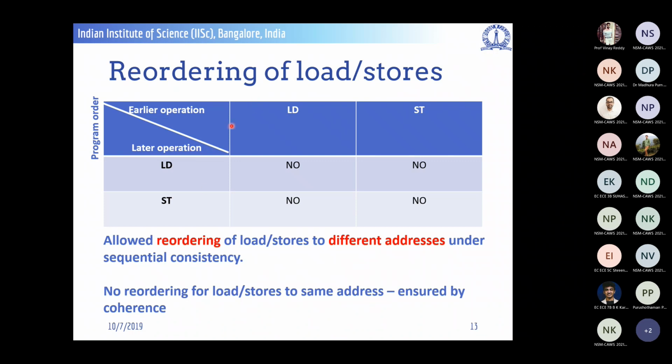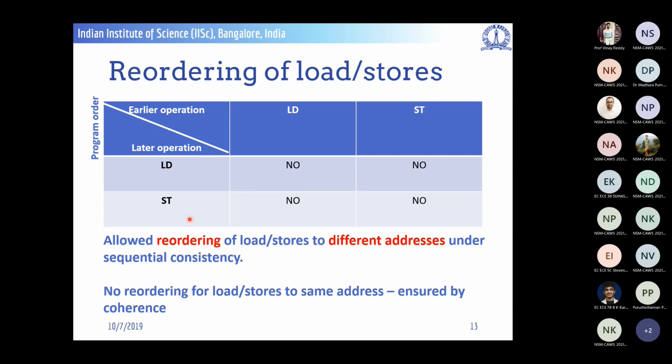Say there are two loads, one to address A and another to address B. It says that this later load cannot appear to have happened before the earlier load in the memory subsystem.